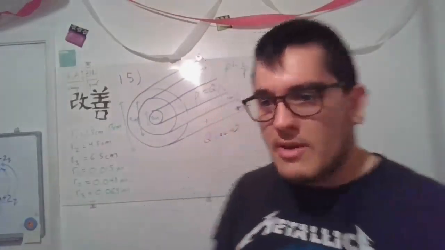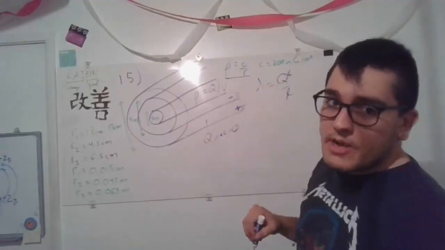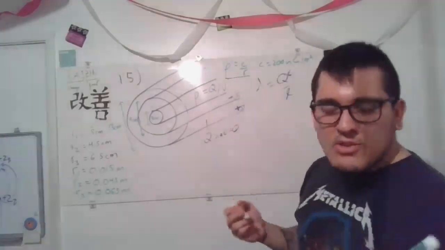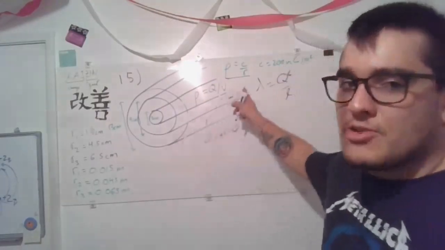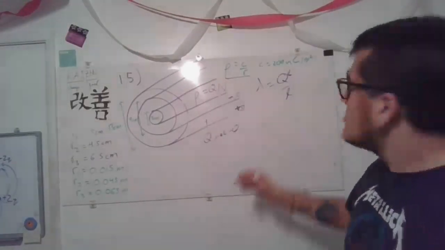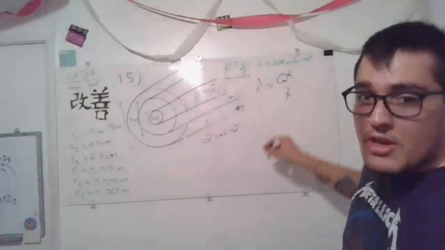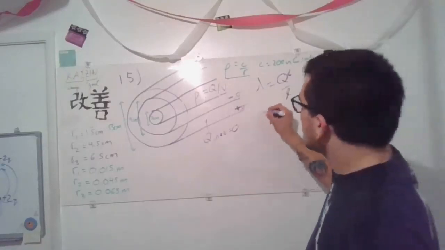Well, I'll show you how to find it. We're given non-uniform, right? So we know we have to do some sort of integration. We're saying that the charge varies by some function. So if you want the total charge Q, you're going to integrate dq. So let's do that.